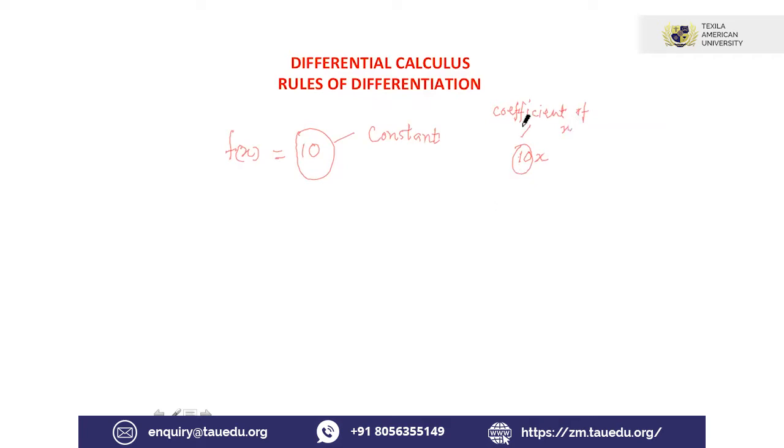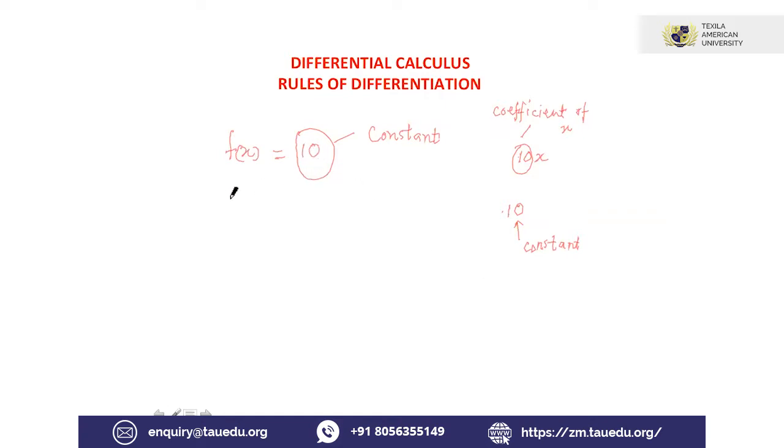So the 10 here is a coefficient of x. But if I have 10 and there is no alphabet attached to it, then we can call this one a constant. I want everyone to take note of that, because these are the things you need to know before we move to the next level.